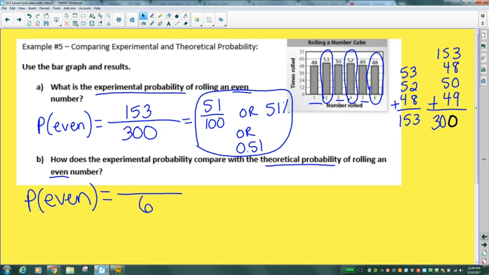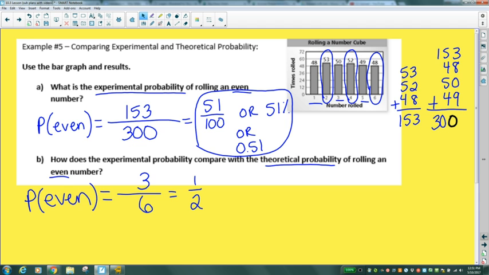You have a 1, a 2, a 3, a 4, a 5, or a 6. And the total number of times that I could get an even number are 3, a 2, a 4, and a 6. And I can simplify 3/6 to equal 1/2. So I have a 50-50 shot, or a 1/2 probability of getting an even number, theoretically.